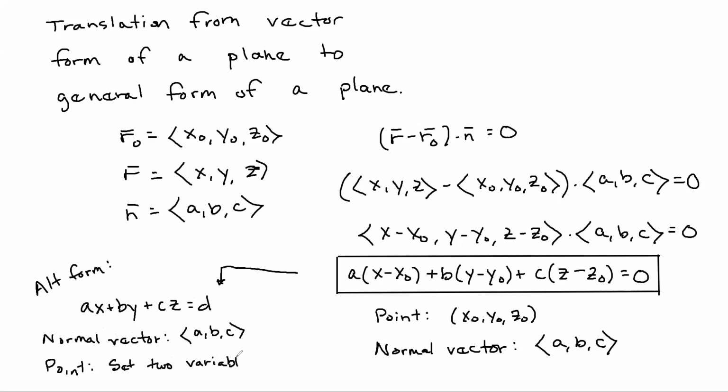It's probably the easiest way to do it. So for example, you could take x equals 0, y equals 0, and then just divide d by c, and you'll have the point (0, 0, d over c), and that will be a point that lies on the plane.